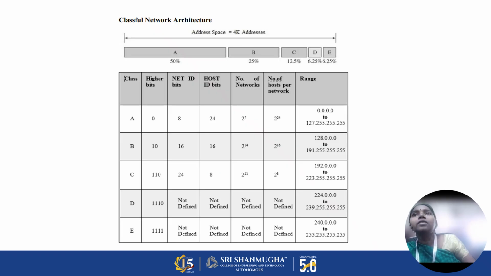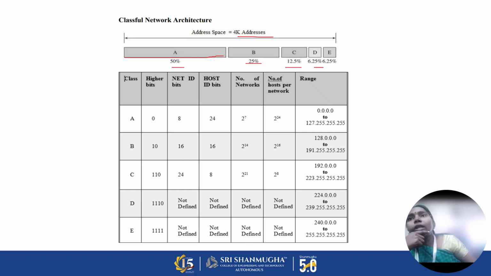And this is the classful network architecture. Here 4K addresses are used in the address space generally. Class A is 50% occupied, B is 25%, C is 12.5%, D is 6.25% and E is 6.25% occupied.